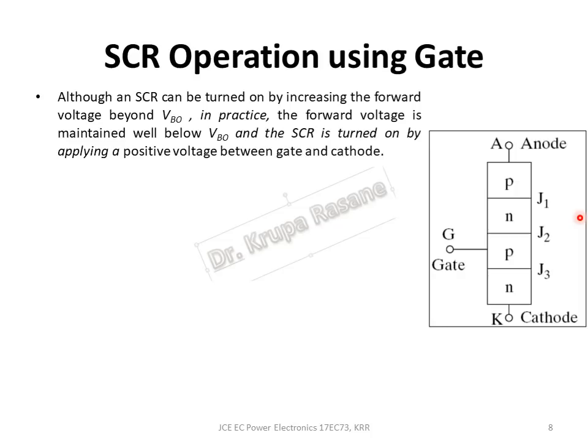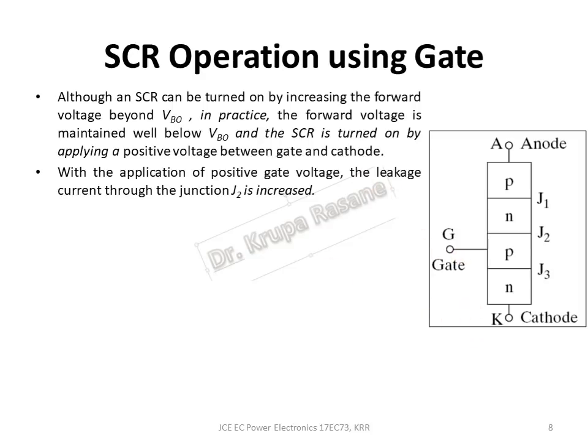It will of course conduct at that time, because J2 breaks into the avalanche condition. But it's necessary to operate below VBO and use the gate. The SCR can be turned on by applying a positive voltage between the gate and the cathode. With the application of positive gate voltage, the leakage current through J2 increases.